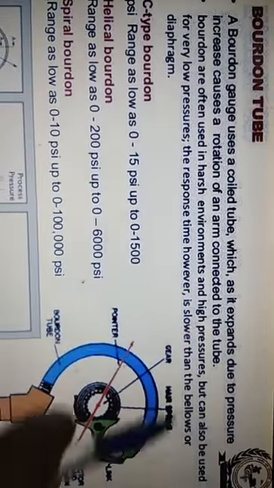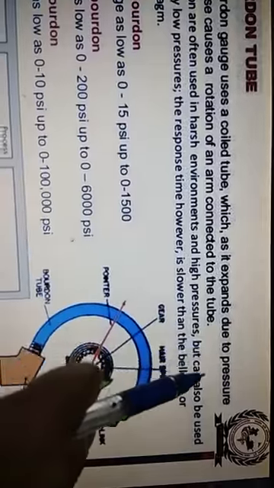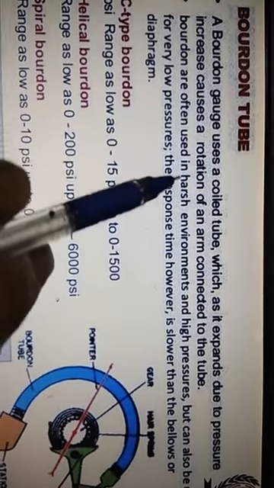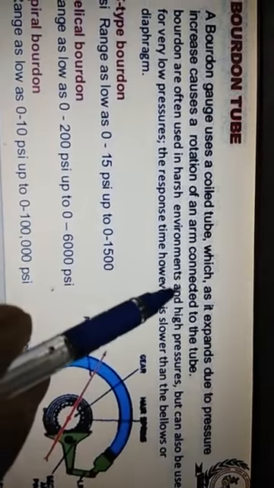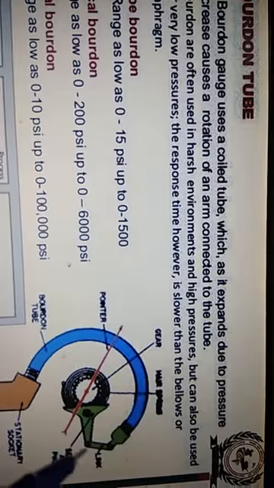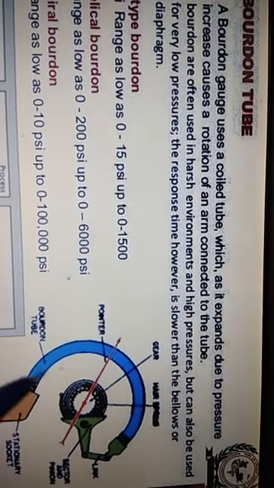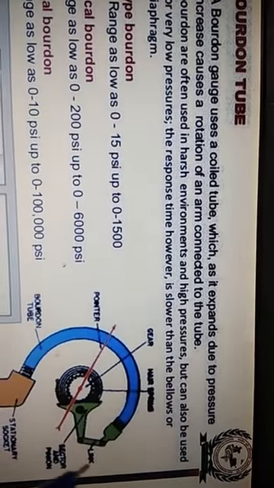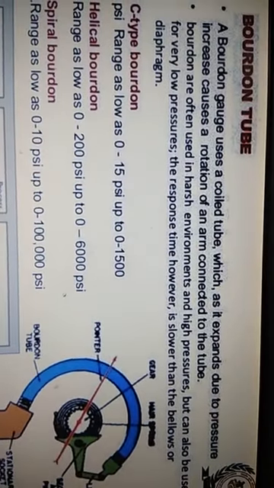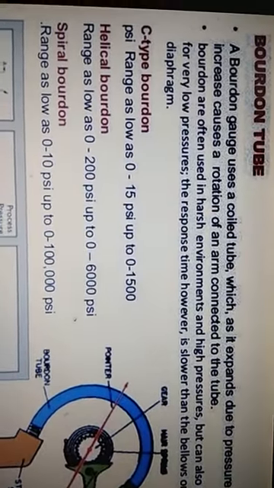This is coil shaped, which as it expands due to pressure increase causes a rotation of an arm connected to the tube. This is the tube here and this is the arm connected here. So due to this pressure, this arm will move, a rotation of an arm connected to this tube.